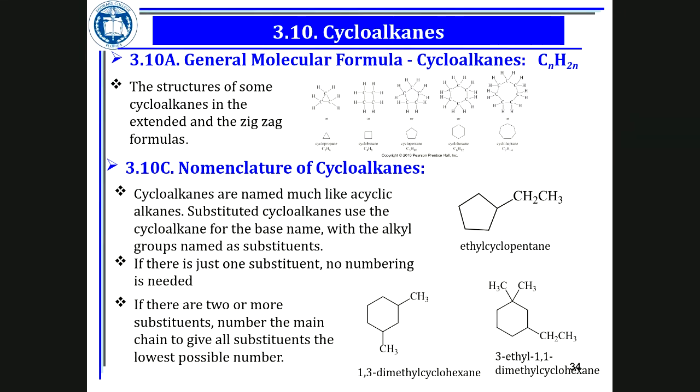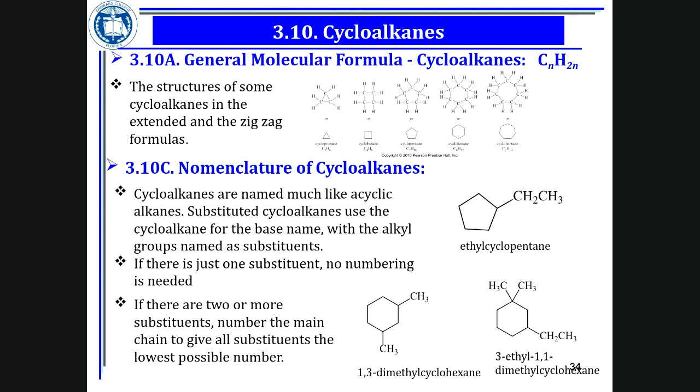The white balls represent hydrogen in this molecule. So if I want to take my butane and change it to cyclobutane, I'm taking 1 hydrogen away from one carbon, and I have to take another hydrogen away from another carbon, and then connect these two carbons.